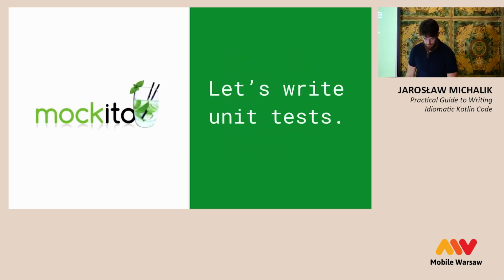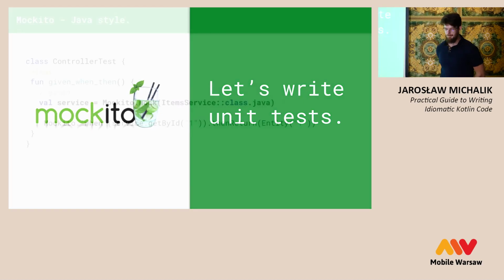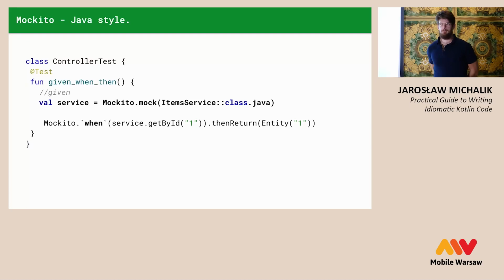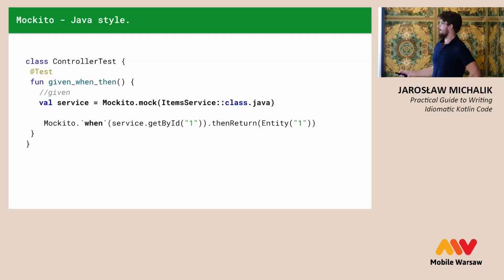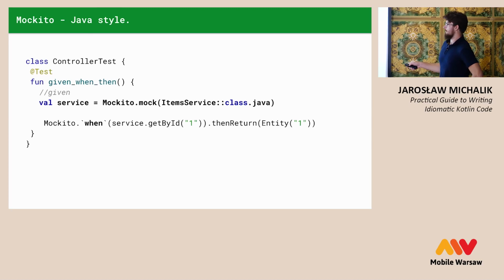So now let's write some unit tests. I bet you love this framework, because this framework was created for Java, and it has a lot of Java-specific stuff. So we have some test function, given when then, and we want to create a mock of our service. Mock, stub, whatever, some kind of test double.